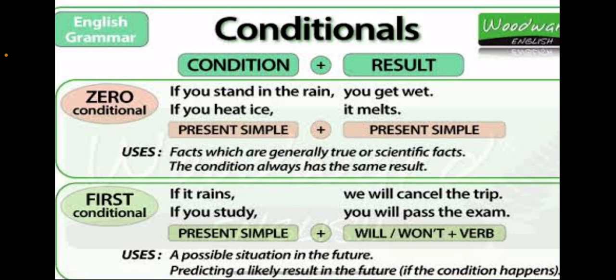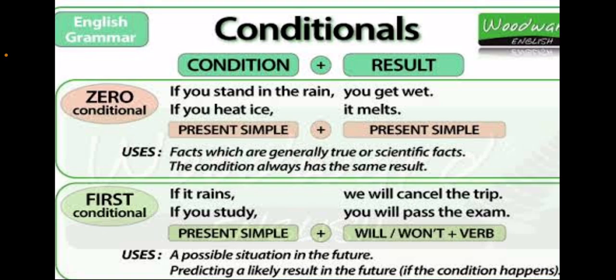Now, in general, there are only four conditional clauses, and today I want everyone to note them down in your notebook, right? Or every slide that I've shared in this video, everyone is supposed to note them down. So, zero conditional is used when you are talking about truth and universal facts, things which always happen and have the same result. For example, if you heat ice, it melts every time, right?